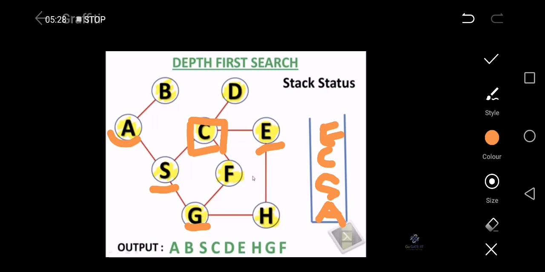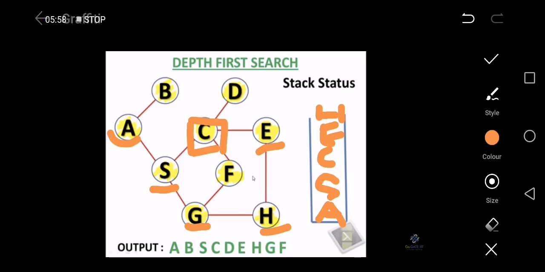So we look at vertex E that is only adjacent to H after we have gone through C. So we stack here H and put H in the output.